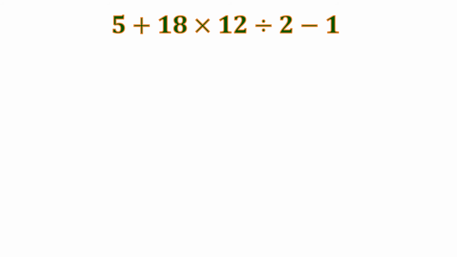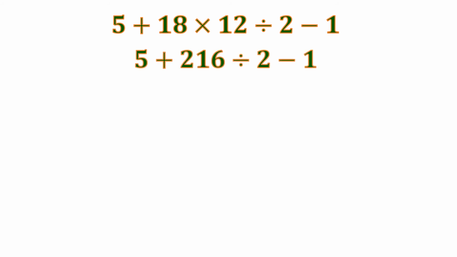Now we have multiplication and division. Which of these two are you going to do first? When you compare multiply and divide, the one at the left side is multiplication, so it comes first from the left. That's what you're going to do first before you divide.